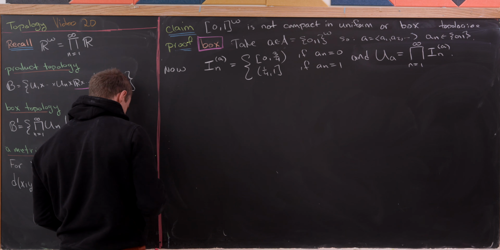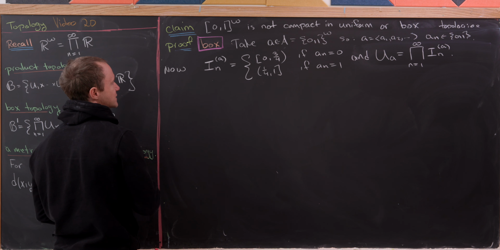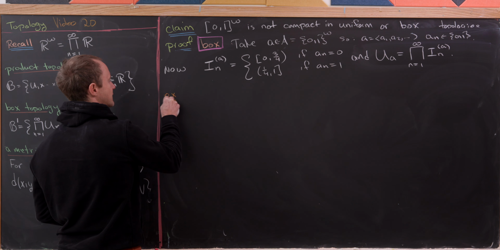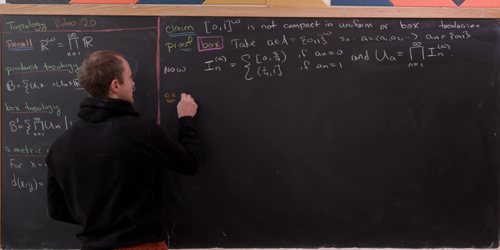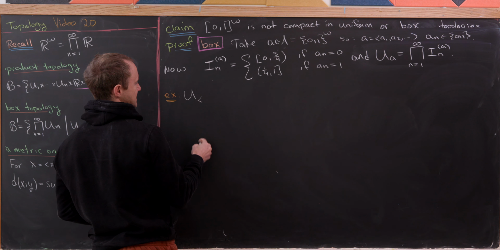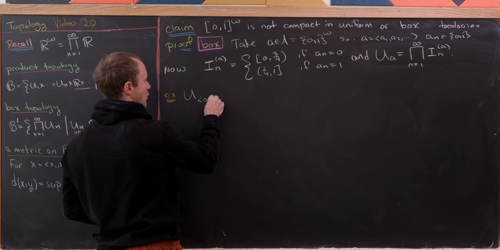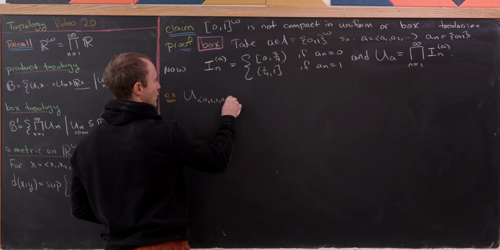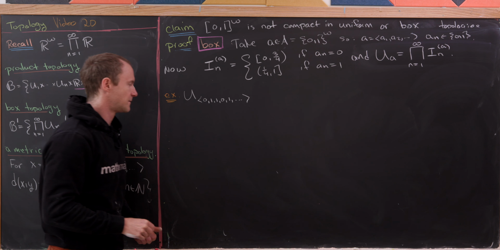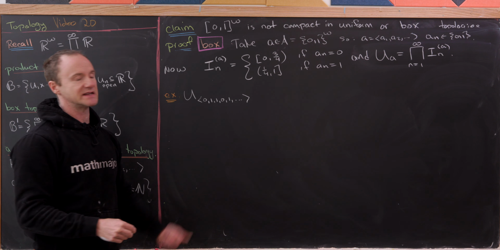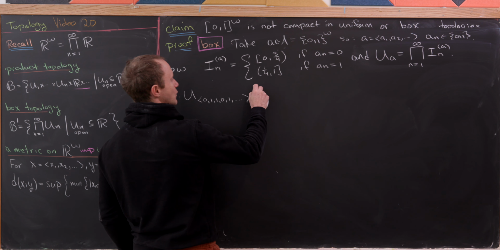So let's do just a little bit of an example here so that we've got some sort of intuition for what's going on. So U sub, let's see, we have 0, 1, 1, 0, 1, and so on and so forth. Recall that every element of A is of this form. So let's see, what is that going to be?